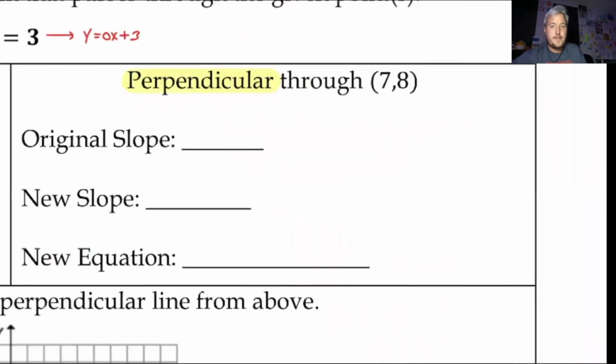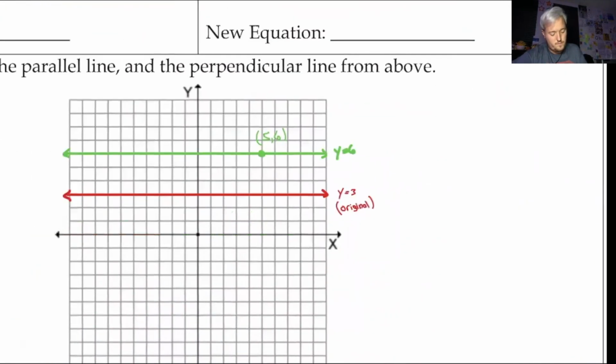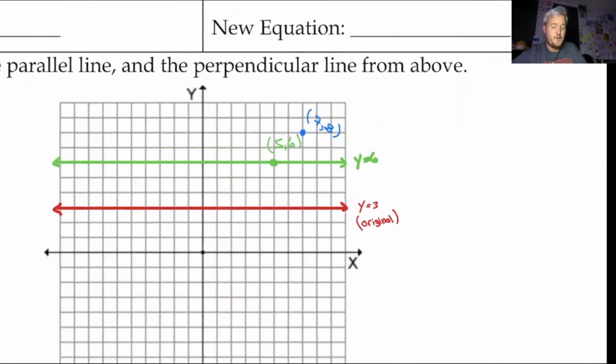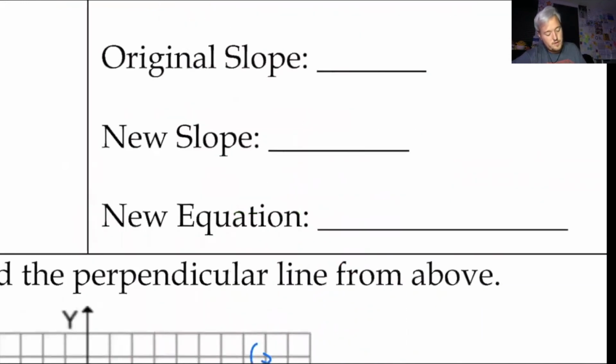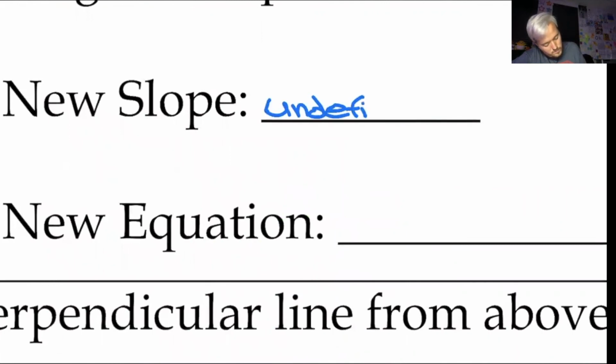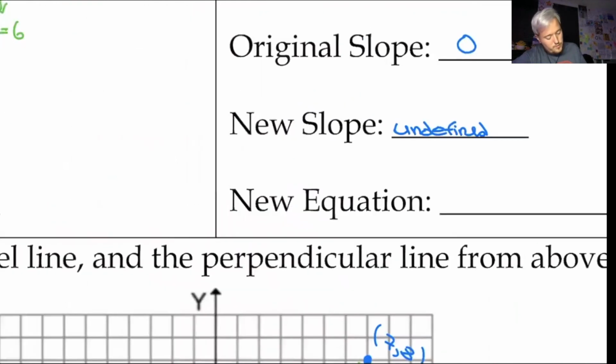Now I want perpendicular through 7, 8. So here's 7, 8. And I wanted perpendicular through that point. So perpendicular means the opposite reciprocal. So if my original slope is 0, that means my new slope is undefined. Which means now we're looking at Bucks, because before we were looking at Hoy.